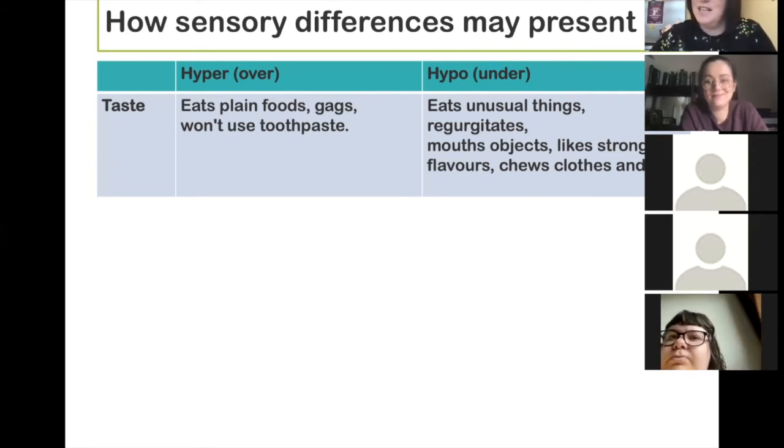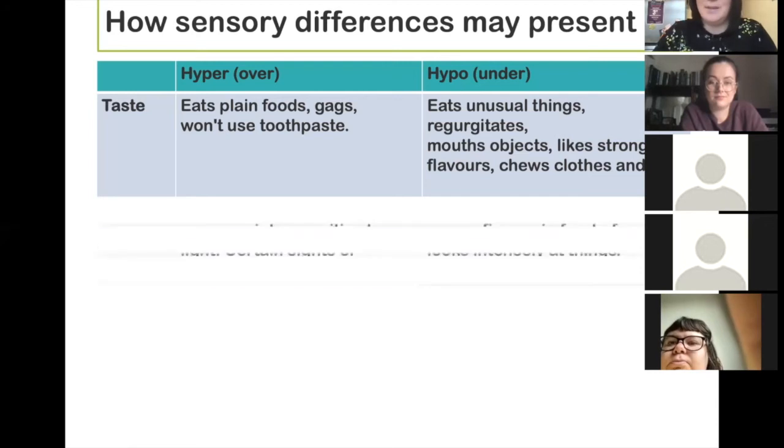Fizzy Haribo sweets and things that have got a strong flavour are quite appealing to people who maybe fit this category. You might sometimes find that they regurgitate, because again, that's a strong flavour. Mouthing objects and chewing on clothes, all those kinds of things. So those are some examples of how that might potentially present. Again, you might be thinking about people that you're supporting and they potentially fit some of those categories.